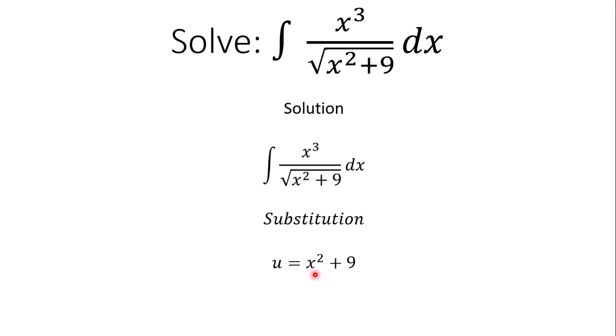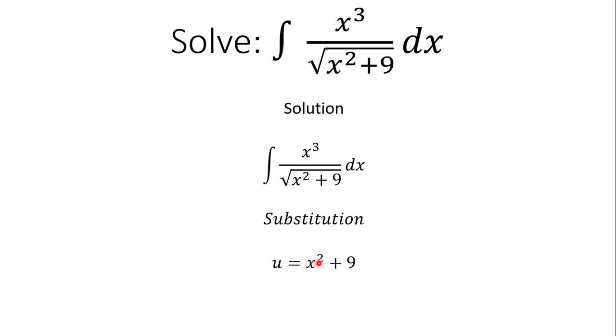Now, to differentiate x squared simply means that you multiply the power by the base, which is x, and then you decrease the power by 1. Now, 2 times this one will give us 2x.